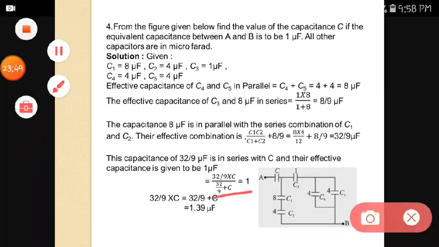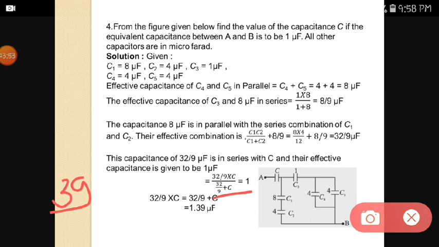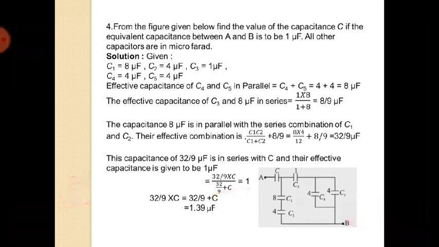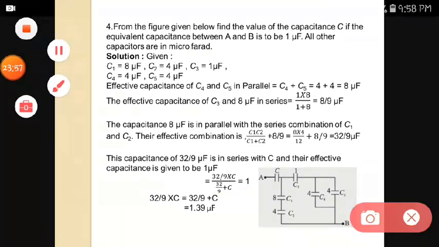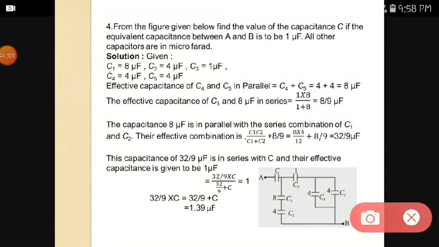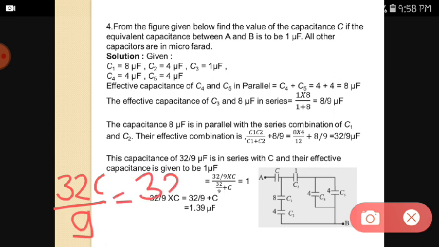By rearranging this, we get 32 by 9 C is equal to 32 by 9 plus C. What will that be then? 32C by 9 is equal to (32 plus 9C) divided by 9. Is it right?